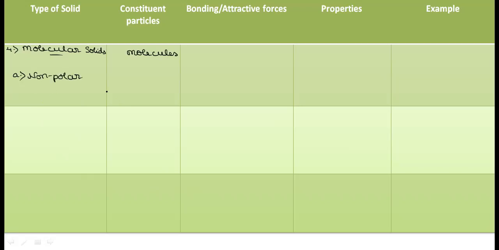If we take the non-polar molecular solids, here the constituent particles will be either noble gas atoms such as helium, neon, etc., or molecules with non-polar covalent bonds, that is, non-polar molecules.